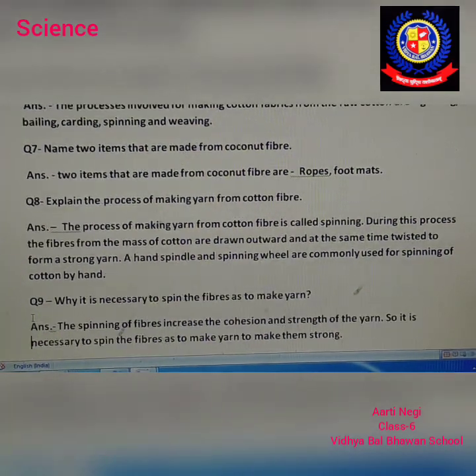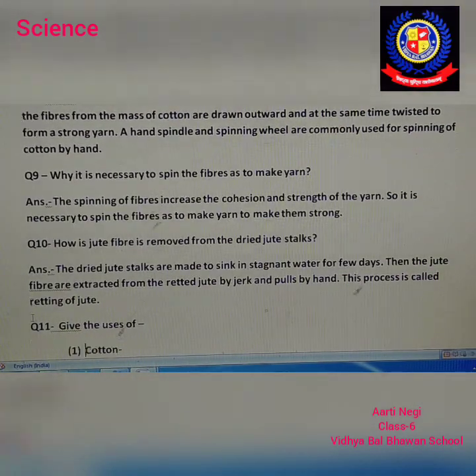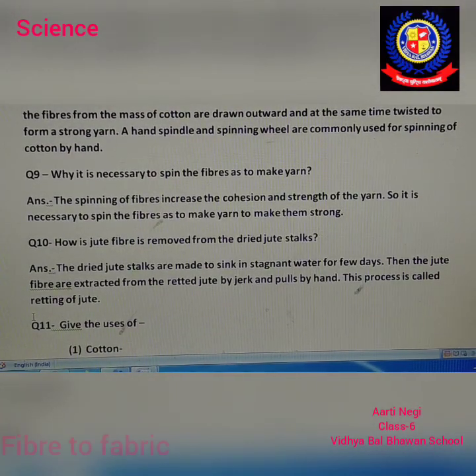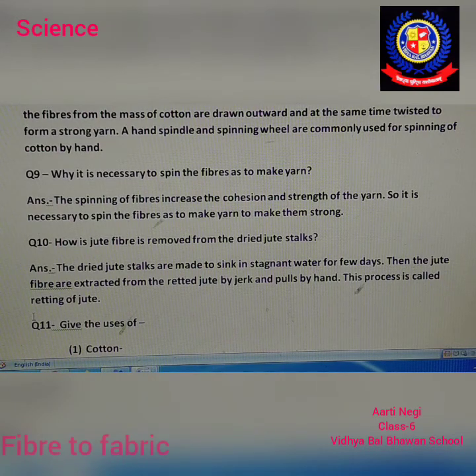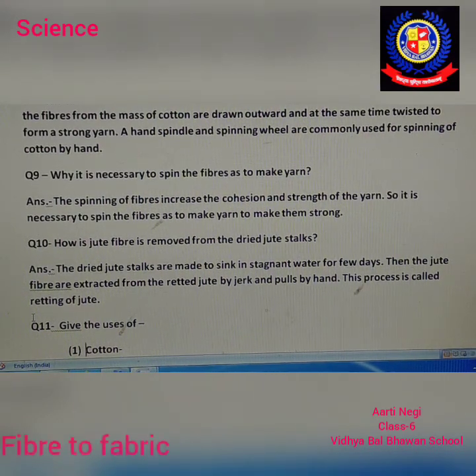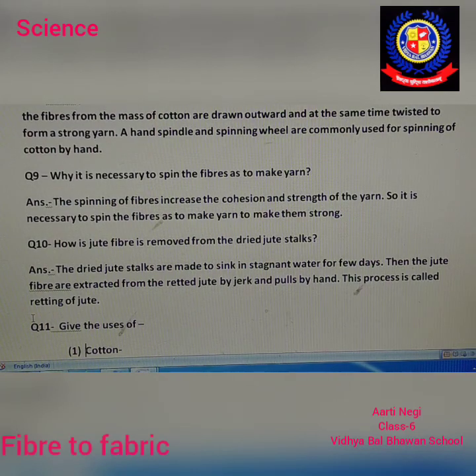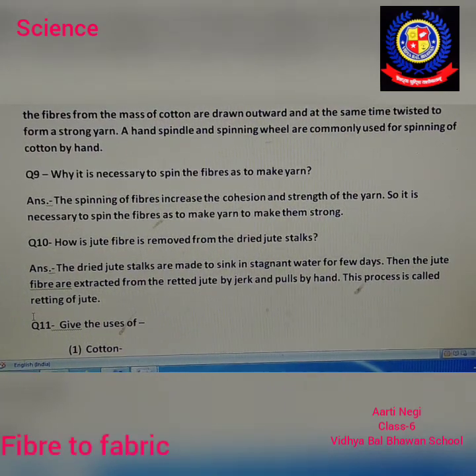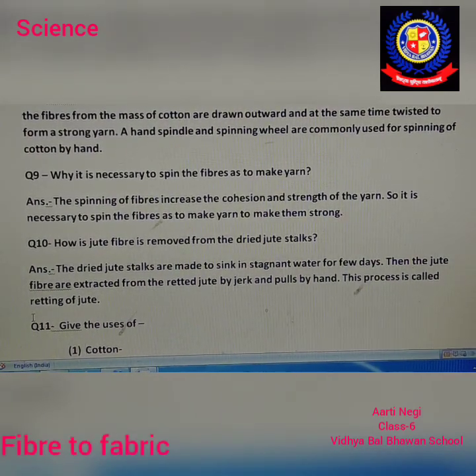Now come to question number 9. Question number 9 is: why is it necessary to spin the fibers to make yarn? Why is it necessary? Why is it important? So its answer is, the spinning of fibers increases the cohesion and strength of the yarn.